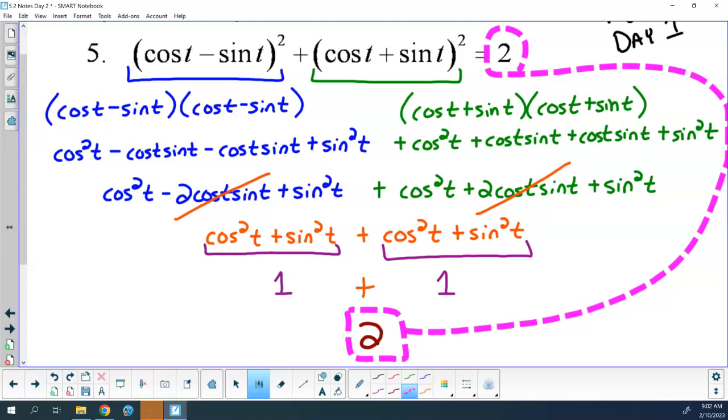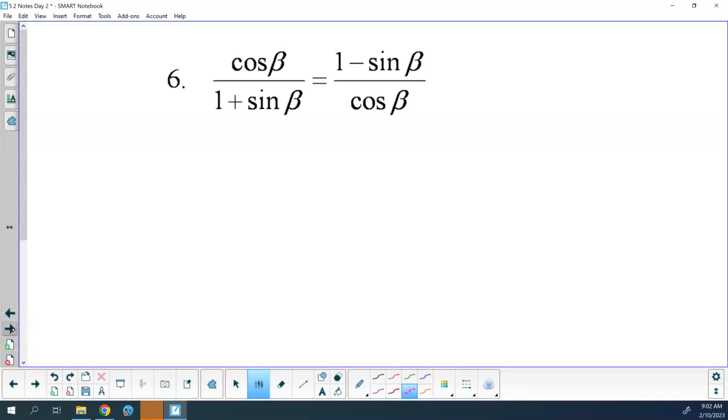Okay. Questions on that? Love it. This one, is it number 6 on day 1? Yep. Cosine, yeah, except it's cosine x on yours. But it's number 6 also from yesterday's worksheet. Okay?